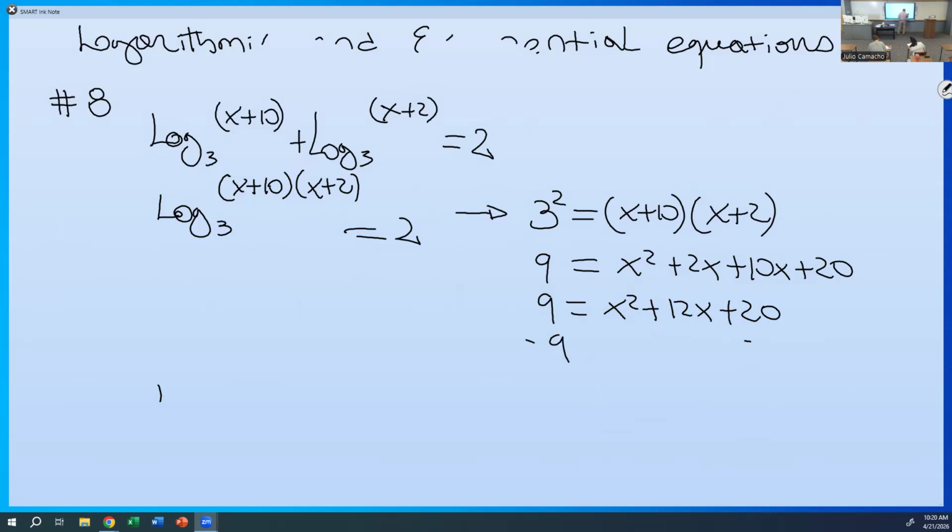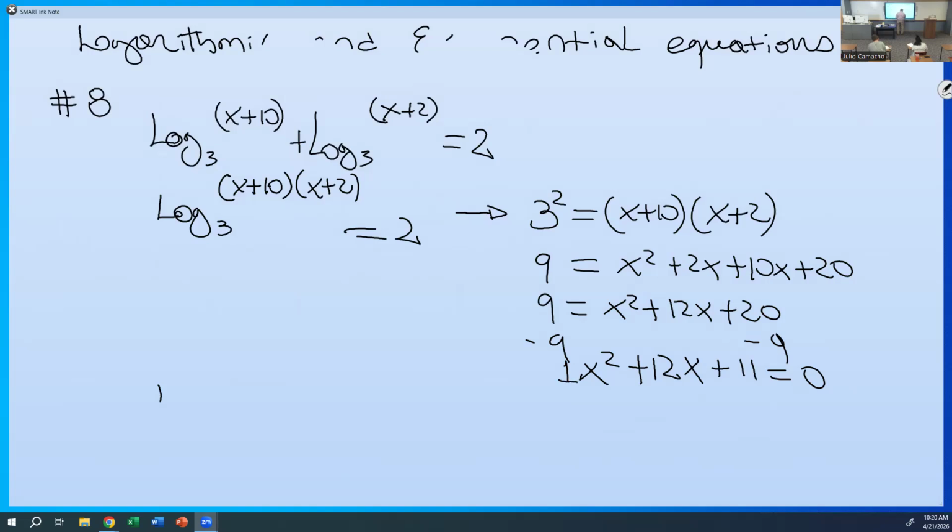Now I have x squared plus 12x, and you have a positive 20 and negative 9. What will be the sign? Positive. Plus 11 is equal to 0.